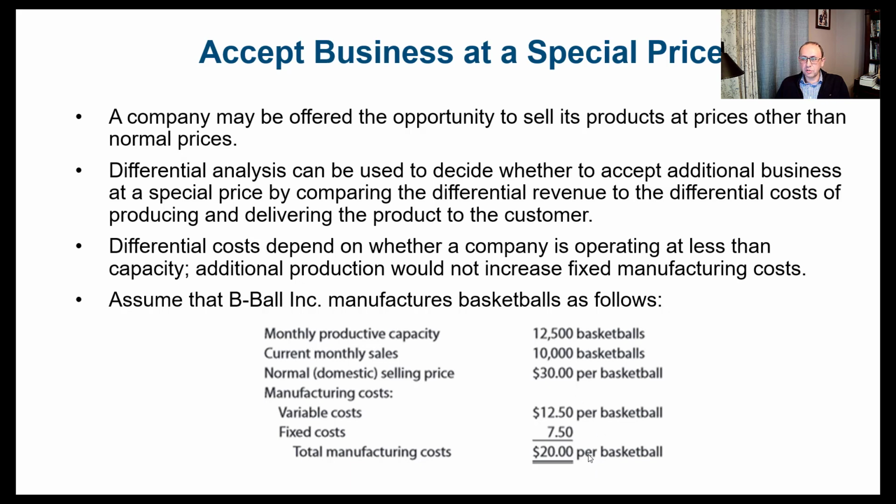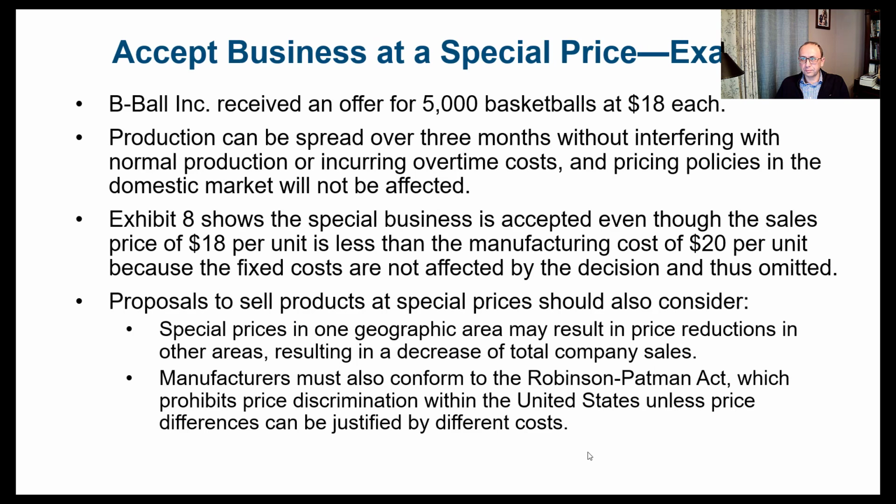So we have a situation here where they have a special order. They received a special order offer for 5,000 basketballs at $18 each, which is $12 below what they normally sell it for.